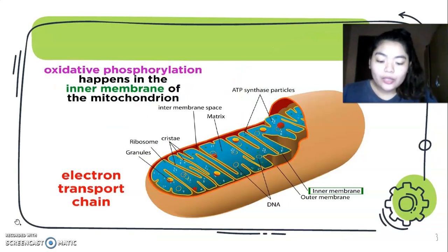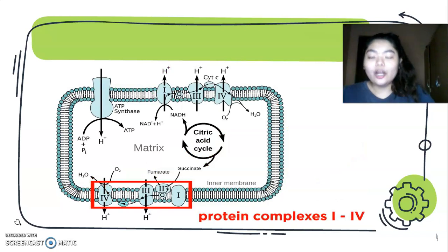This pathway utilizes an electron transport chain, which is a series of mitochondrial membrane proteins that sit in the inner membrane of the mitochondrion, and we refer to these as protein complexes 1 to 4.